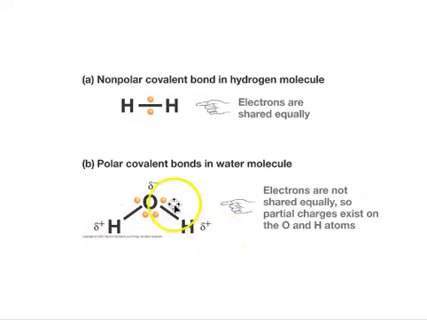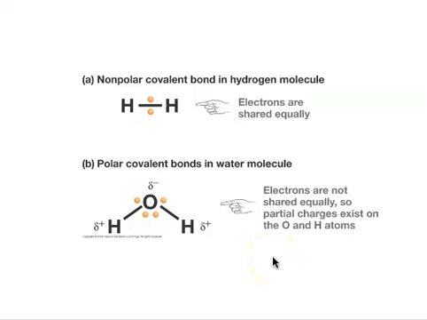What that means is that the oxygen atom is going to pull more strongly on each of these electron pairs and draw those electron pairs up close to it. In the drawing, this is depicted by showing the electron pairs right up next to the oxygen atom and far away from each of the hydrogen atoms. These are what we would call polar covalent bonds. Asymmetrical sharing of electrons, uneven sharing of electrons.